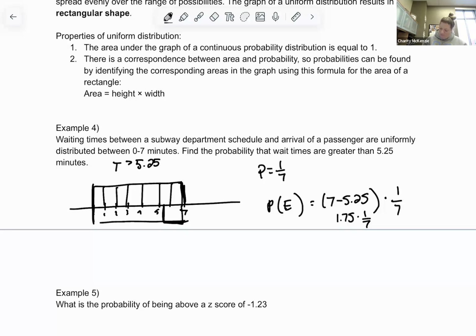So I got 0.25 as my final answer there. So if it's uniform, if it goes out to 7, it's 1/7. If it goes out to 8, it's 1/8. That's our probability of every section, right? So then you figure out how many sections you have, which was 1.75 on this one, and then you times that by the 1/7.